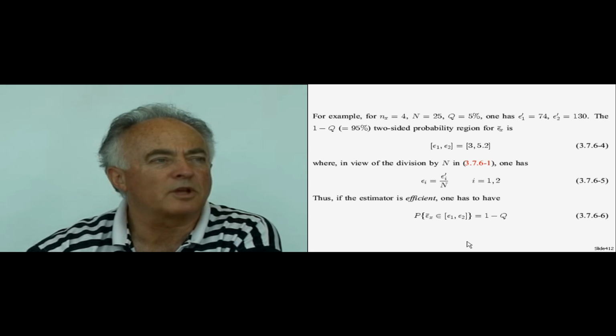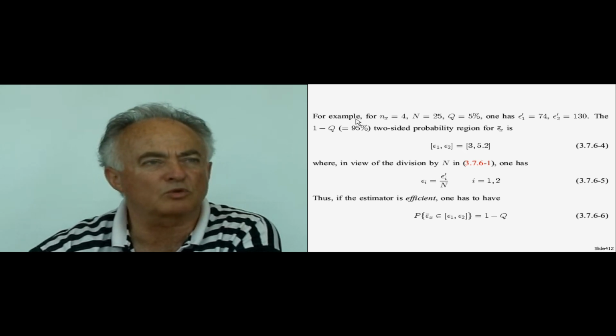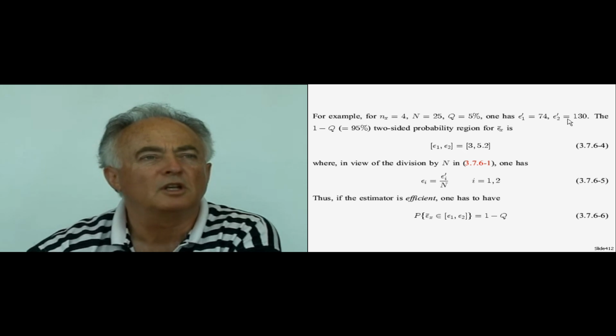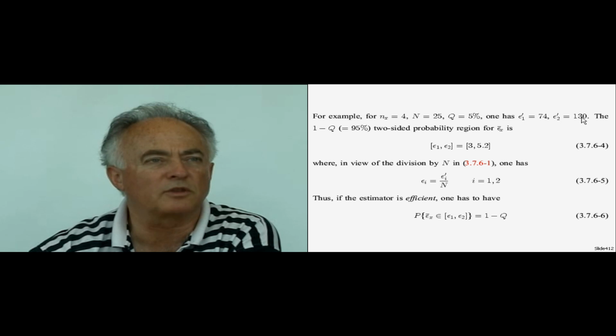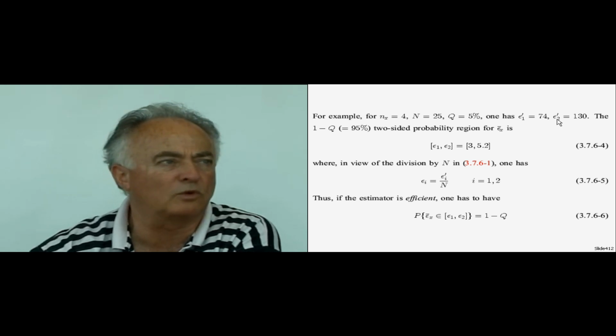Here's the example: n_x 4, N 25, 5%. The expected value of this is, by the way, 100 because it's a 100 degree of freedom chi-square, but it's not quite symmetric. The upper 2.5% tail starts at 130, the lower is below 74.